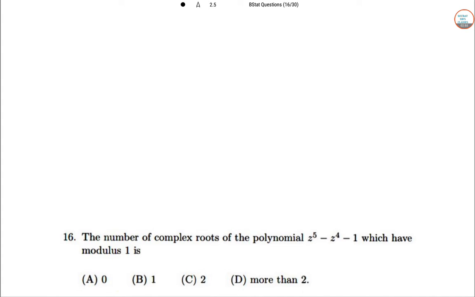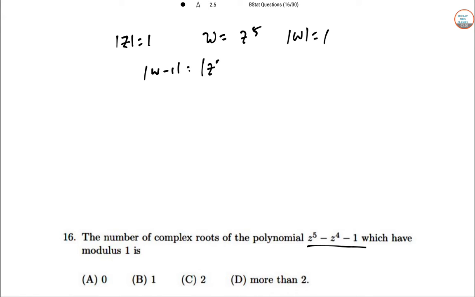Next, the number of complex roots of the given polynomial z^5 minus z^4 minus 1 which have modulus 1. So we want solutions such that mod z is 1. Let w equal z to the power 5, so mod w is 1. Mod of w minus 1 is z^5 minus 1, which equals z^4, and that has modulus 1.